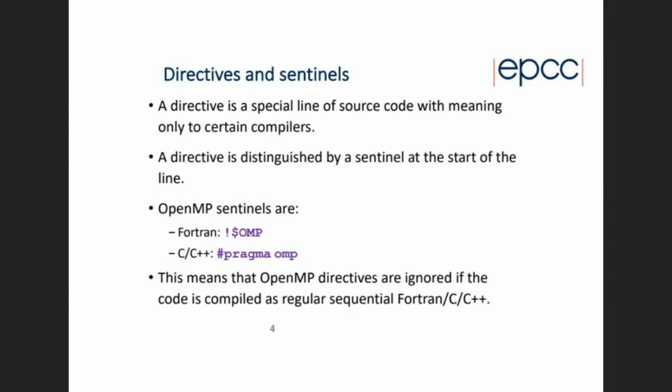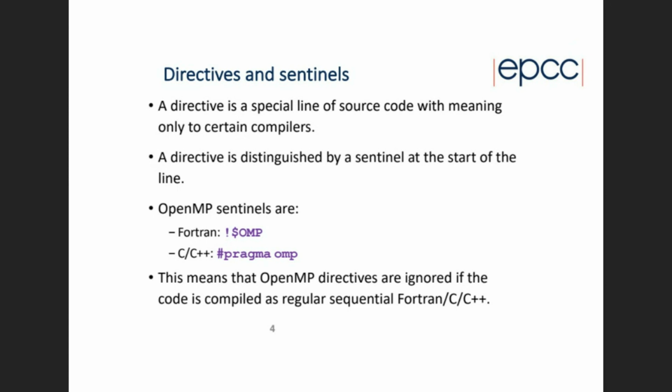Okay, so OpenMP sentinels are, for Fortran, !$OMP, and for C or C++, #pragma omp. The reason that they look like this is that it means these directives will get ignored if you compile the code just as regular sequential Fortran, C or C++.